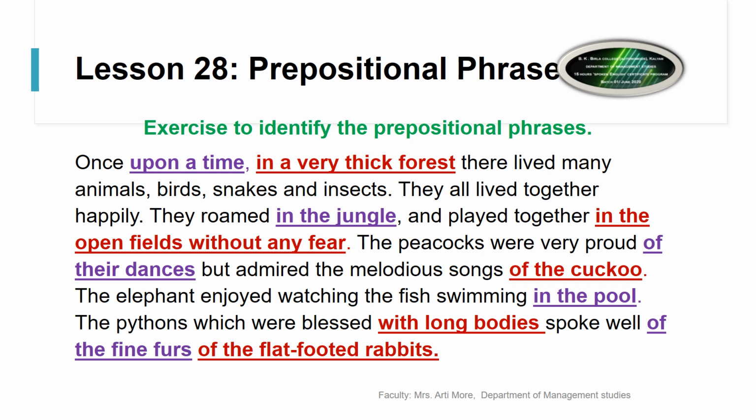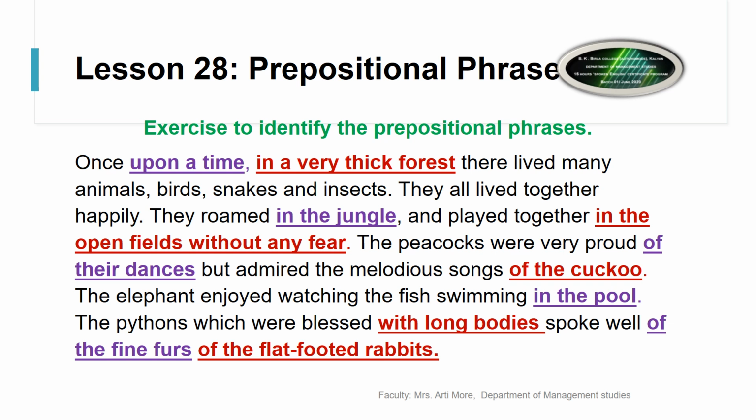So, students, first of all, to identify the prepositional phrases, first we will try to find the prepositions. Here in these sentences, there are different sentences. So, in this paragraph, we can easily find out where the prepositions are. See, I can find upon, in, of, then with. Okay, so try to make the prepositional phrases now.